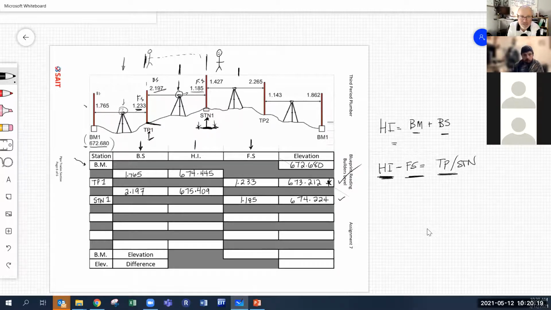You move the instrument to a new location. And once you have your new location, you're going to take a back sight again at station 1. So station 1 back sight right here, it says 1.427.